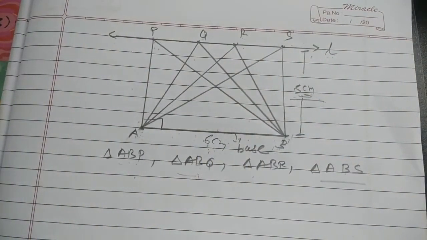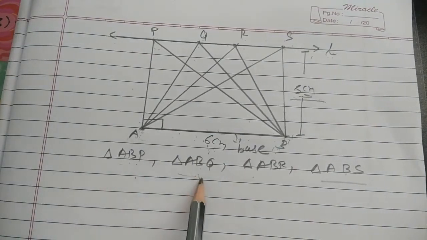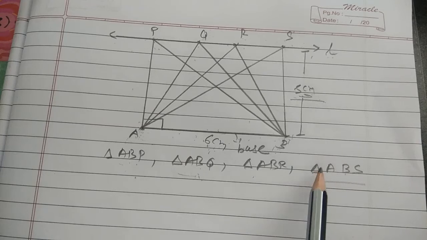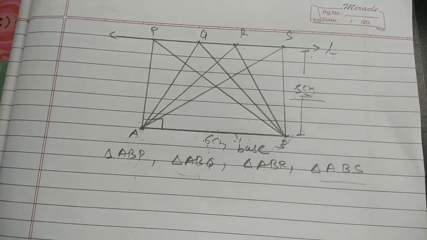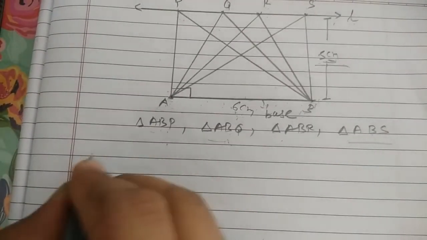So we get the same area for triangle ABP, triangle ABQ, triangle ABR and triangle ABS. How much do we get? We can find it for only one triangle, that is triangle ABP.